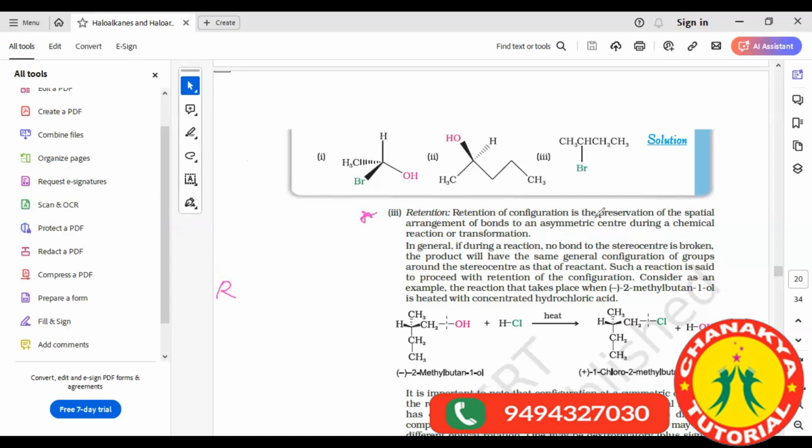Retention of configuration is the preservation of the spatial arrangement of bonds to an asymmetric center during a chemical reaction or transformation. And hence in retention, whatever your rotation of plane polarized light, that is maintained in the product as well.